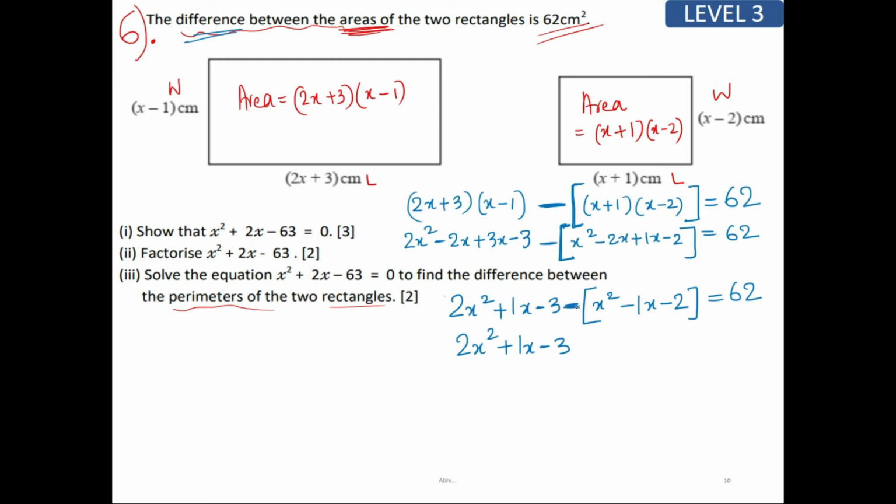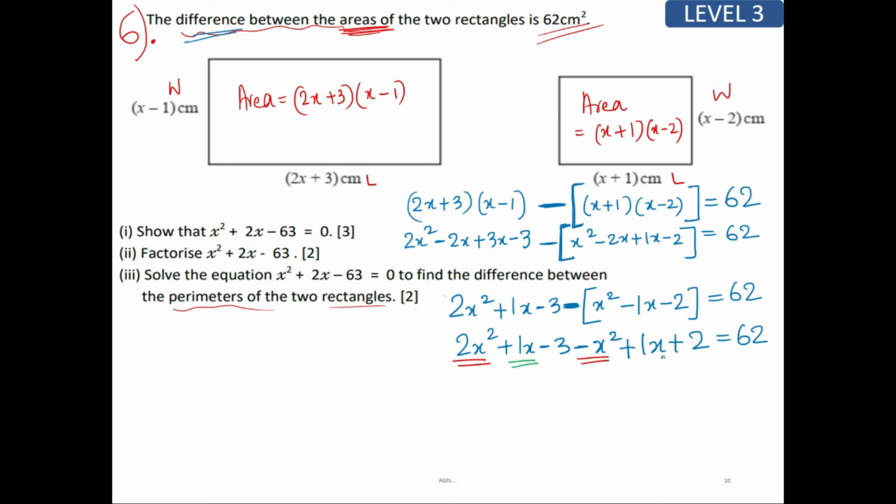I have a negative sign here, so when you open the bracket it turns out to be negative x squared, negative and negative, so it's going to be a plus 1x and again a negative and negative, so plus 2 equals 62.